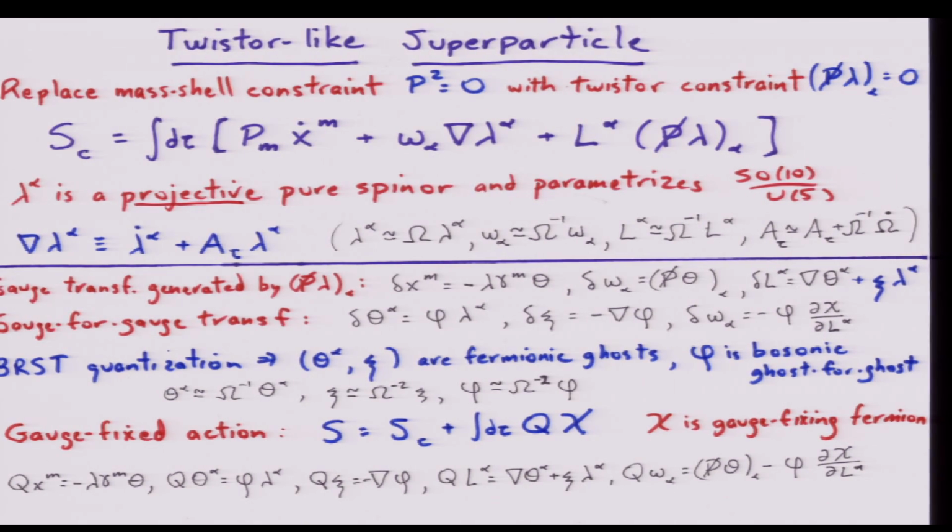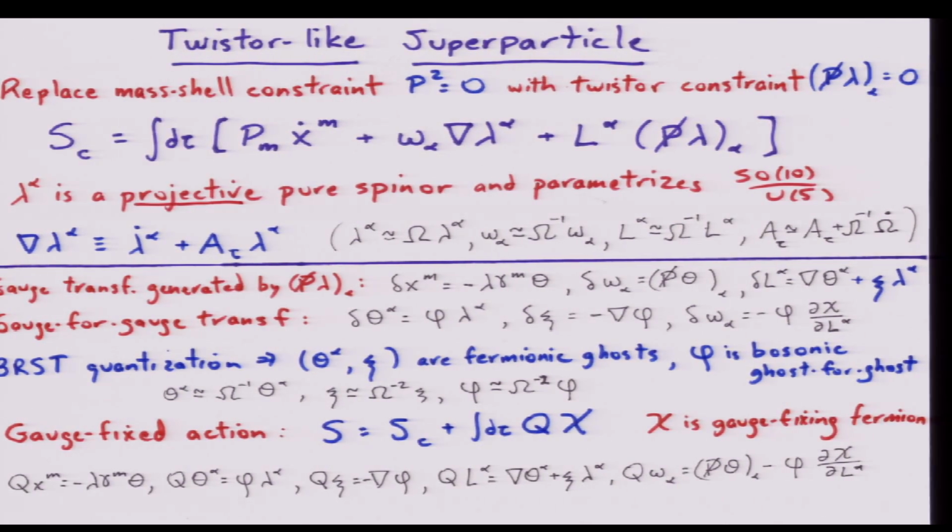Okay, so of course this symmetry has gauge transformations generated by p slash lambda. These are the gauge transformations. And in addition, there's an additional gauge transformation coming from the lambda gamma lambda equals 0 constraint, which means that if I shift lambda by this amount, the action is also invariant. Because of this extra term, there's a gauge for gauge transformation. So I can shift theta and cancel that by a shift of psi.